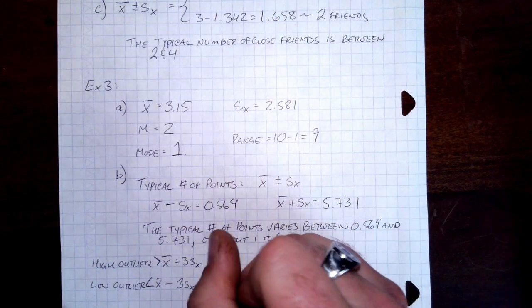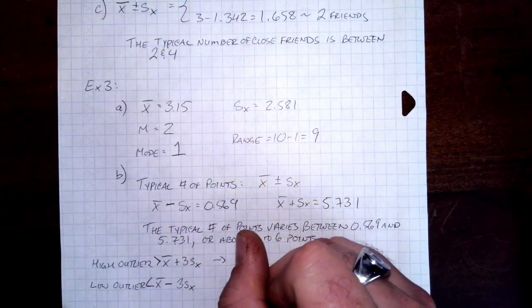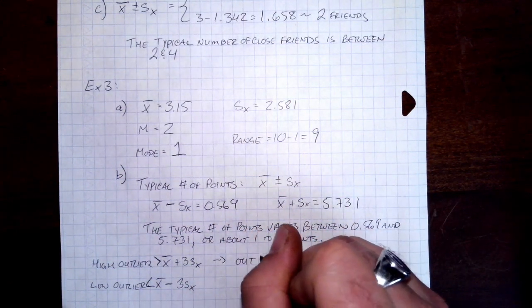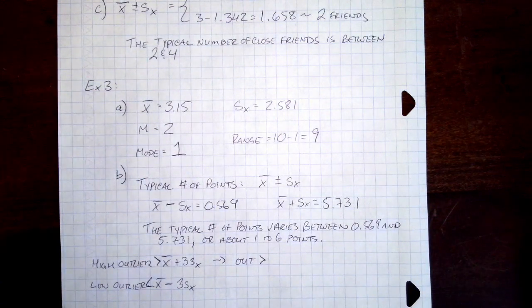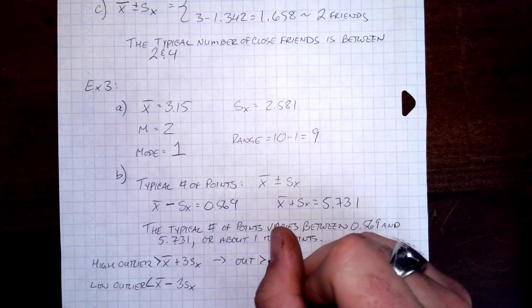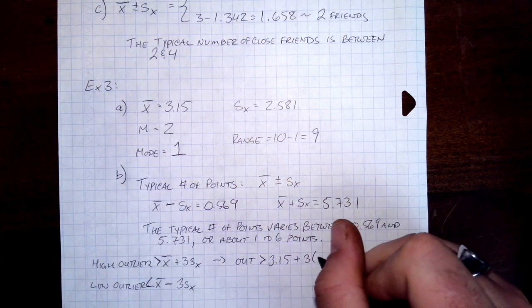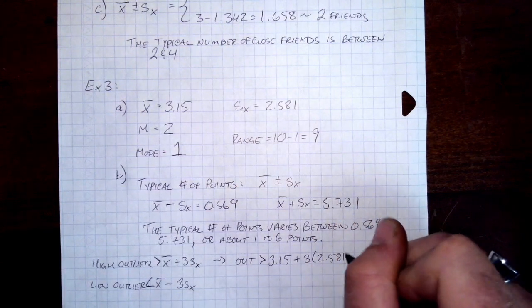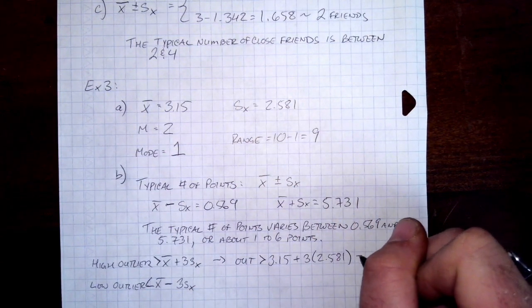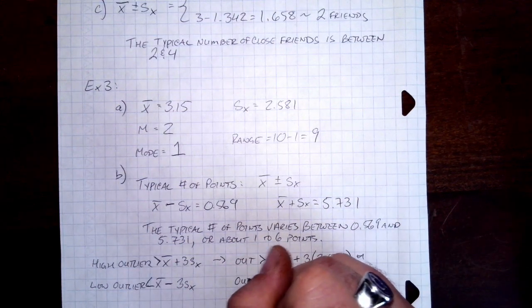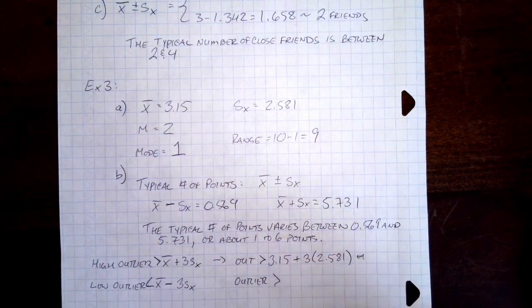So anything for us that is bigger than, not equal to, just bigger than 3.15 plus 3 of those 2.581s is going to be an outlier.